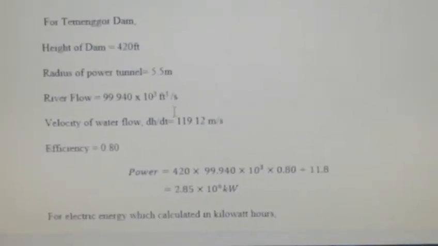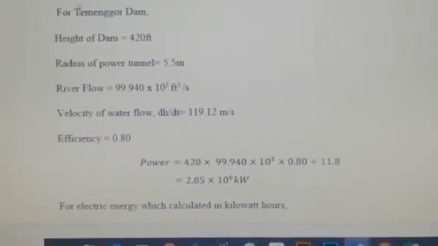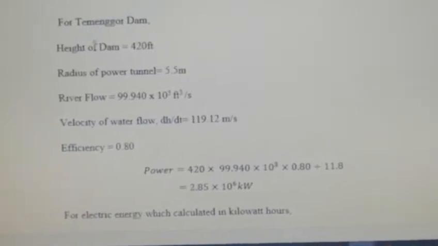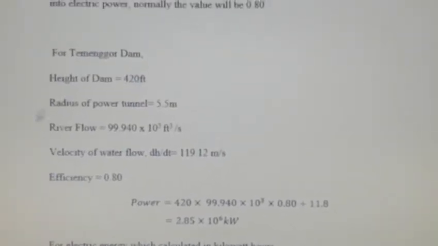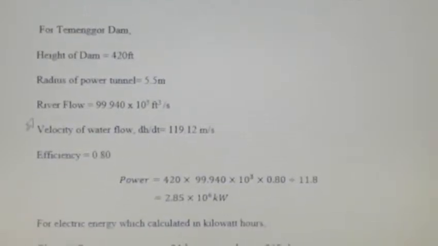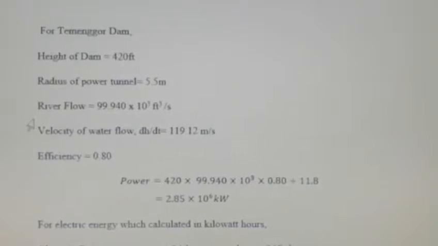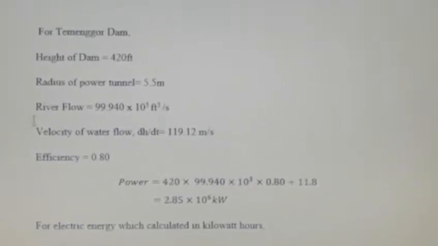Then, for our project, we are investigating the Temenggong Dam. The height of the dam is 420 feet. The radius of the power tunnel is 5.5 meters. The river flow is 99.940 times 10 to the power of 3 cubic feet per second.